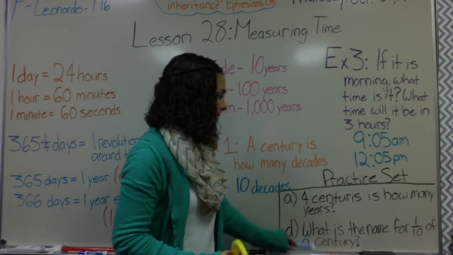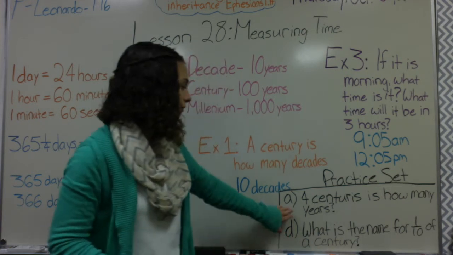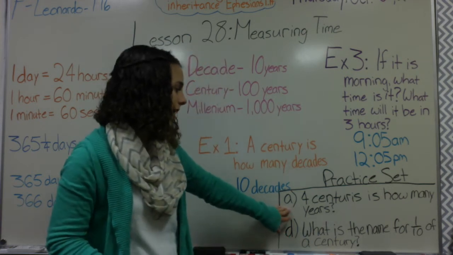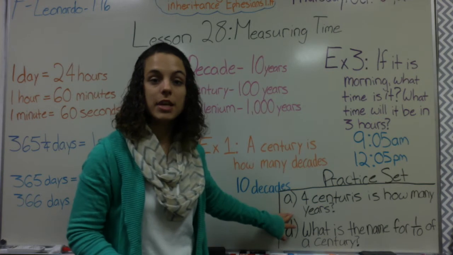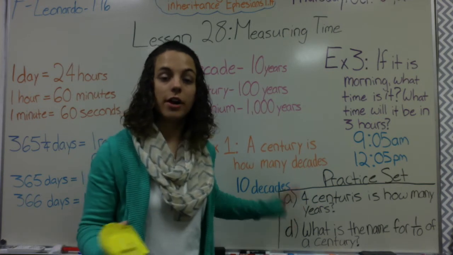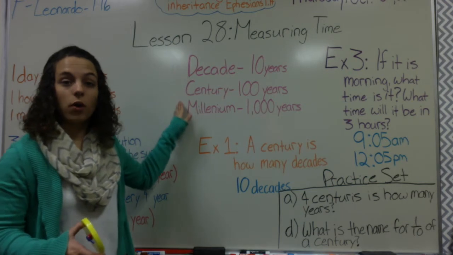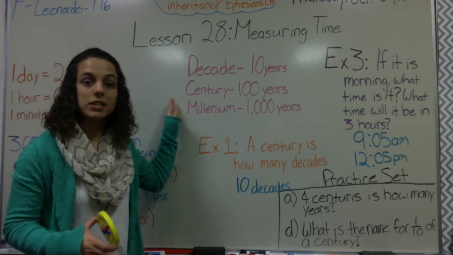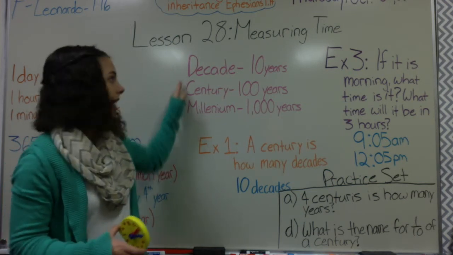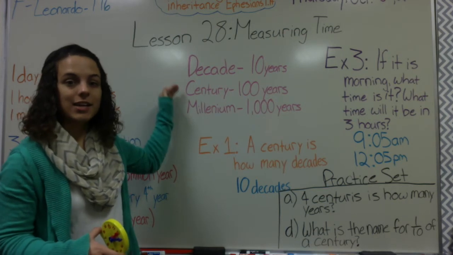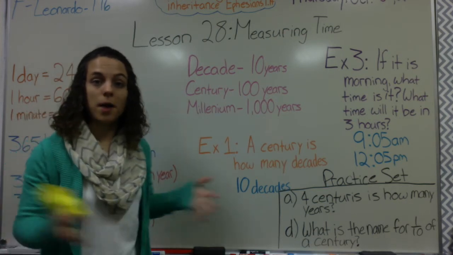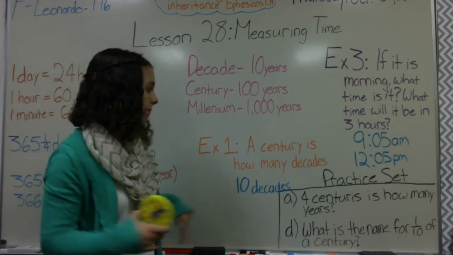Now for the practice set, what I want you to do is 4 centuries. Letter A, 4 centuries is how many years? So you are asking how many years are in 4 centuries? Again, it would be very important for you to go ahead and write these down because you will see a lot of problems with decade, century, and millennium, and you'll need to know how many years each of those are worth.